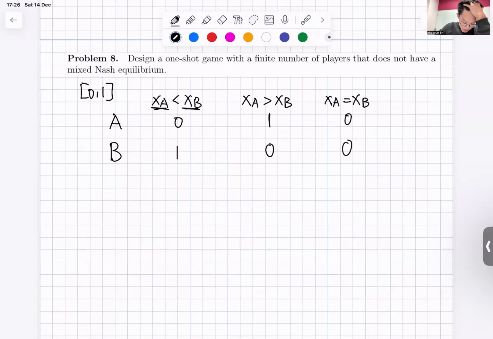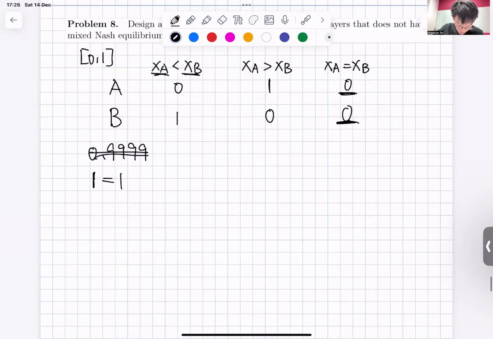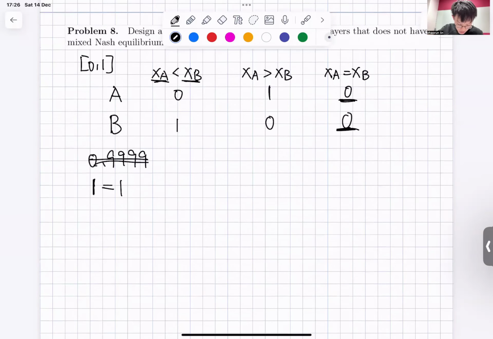So in this case, both of them will give as large a number as they can. They may want to give 1, but if they give 1, then the numbers are equal, and they both get a payoff of 0. So they want to have as large a number as possible.